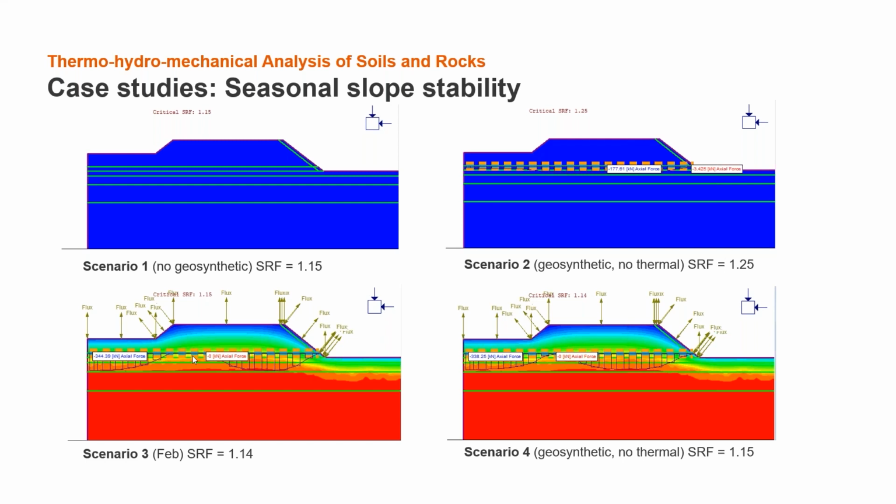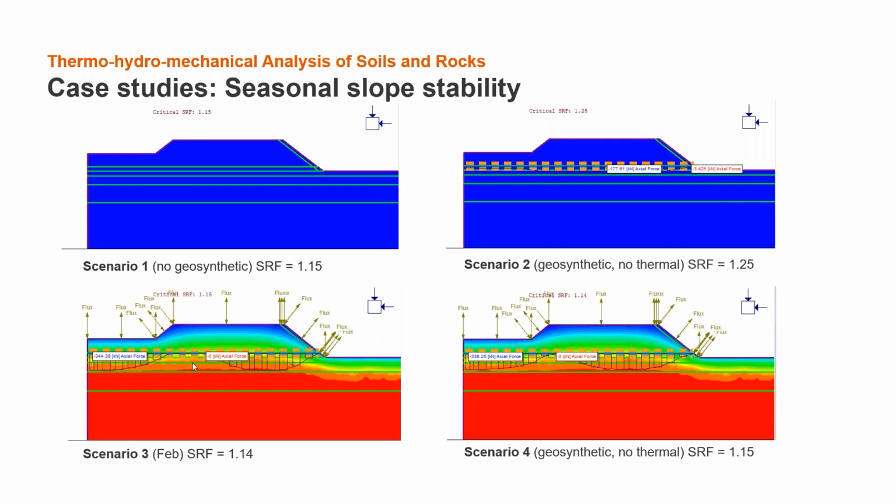It even exceeds the capacity of the textile at that critical point right here, because the critical surface cuts through the geotextile right here, and on top of the contraction, the textile is snapped right at that point. And then the slope behaves similarly to the one that has no reinforcement.